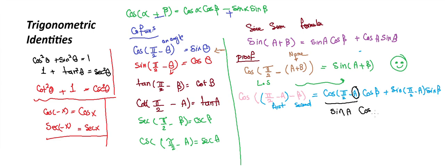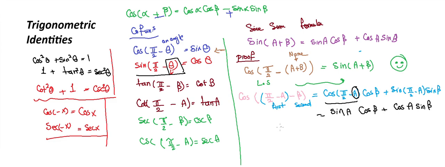Cosine B is as it is, plus sine pi over 2 minus theta minus an angle equals the same angle. So it's sine, so it's going to be cosine. Cosine A. Sine B, what is this? It's basically this one, right?